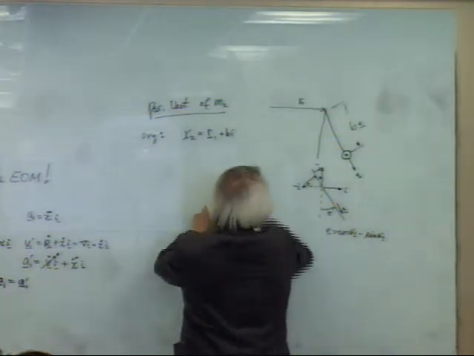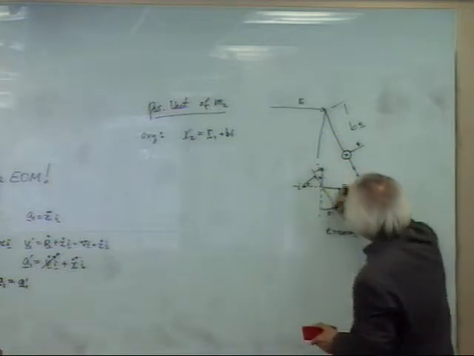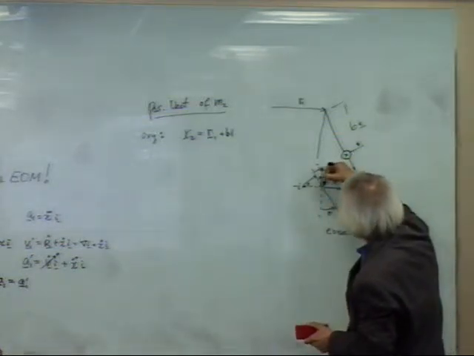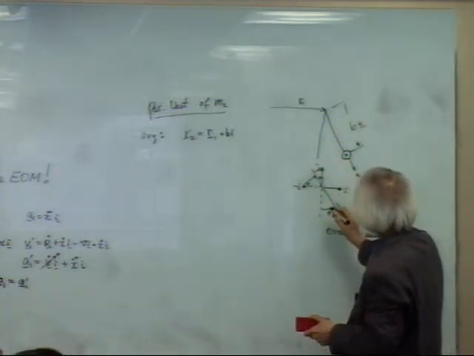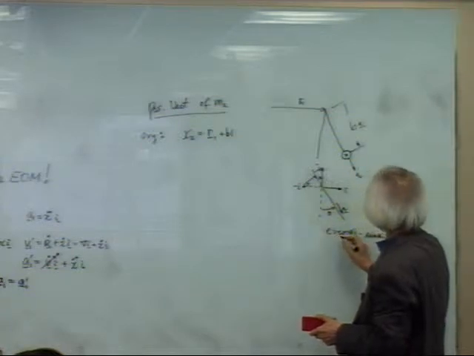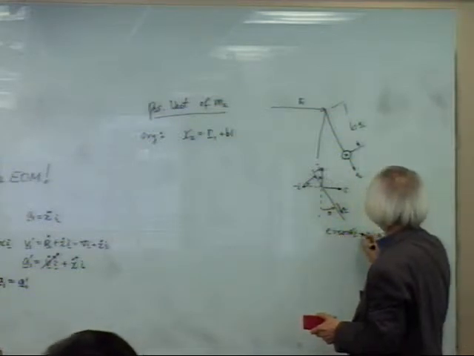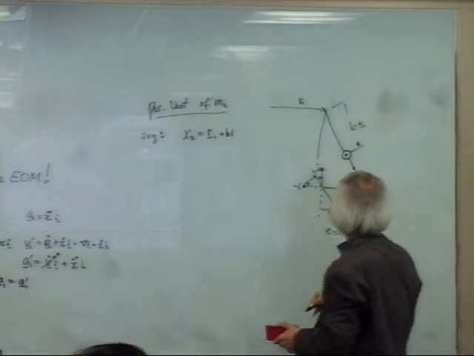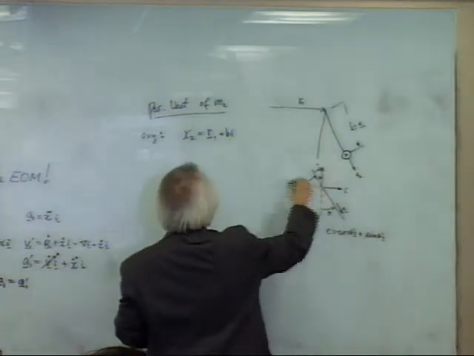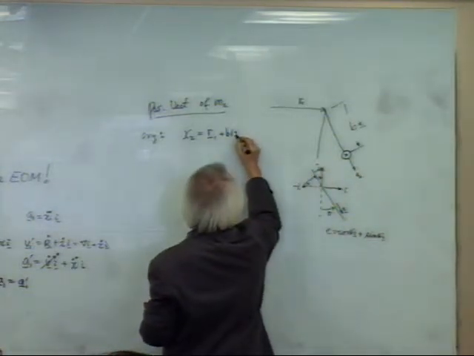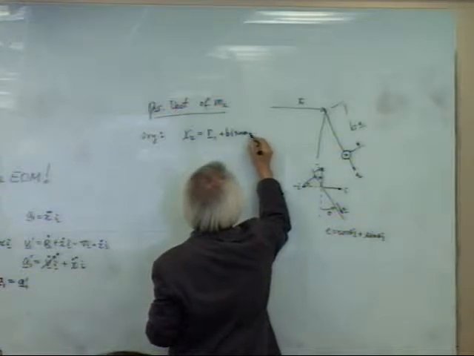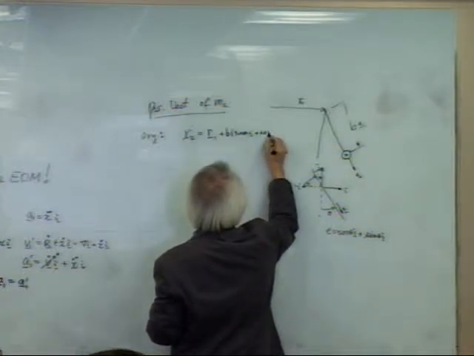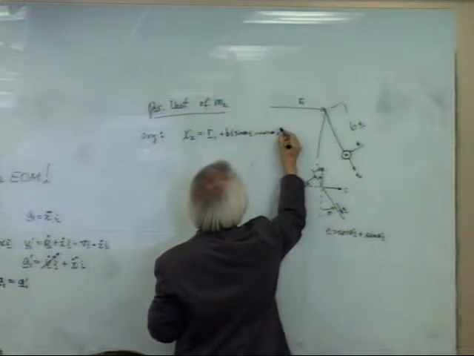Because of this guy going that way, that's a plus. Minus, minus, that's a plus. So this one is sine theta I plus, I'm sorry, minus cosine theta J.